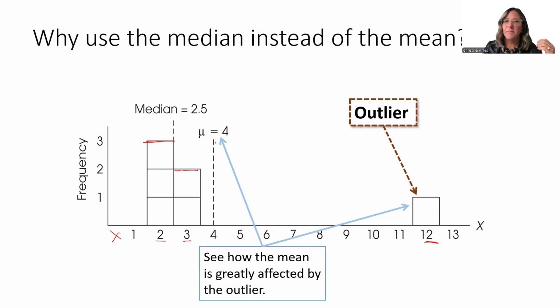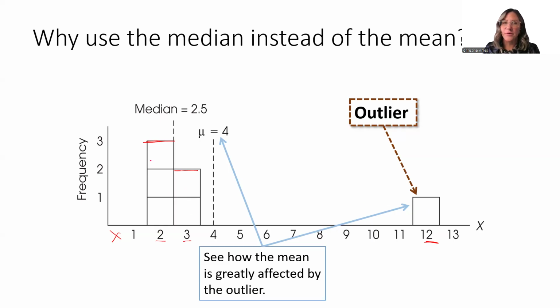If we were to take the mean of these, we have three people that scored two, so 2 plus 2 plus 2 is 6. And then two people that scored three, so 6 plus 6 is 12. And then one person that scored 12, we would add 12 to that, that'd be 24.